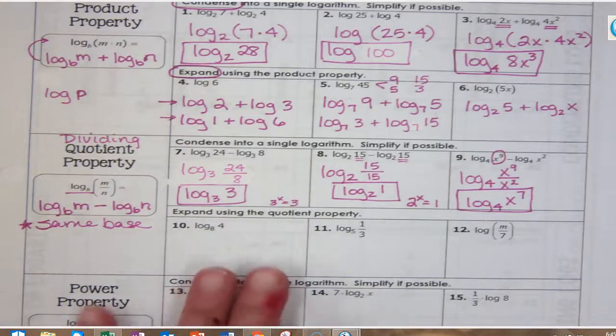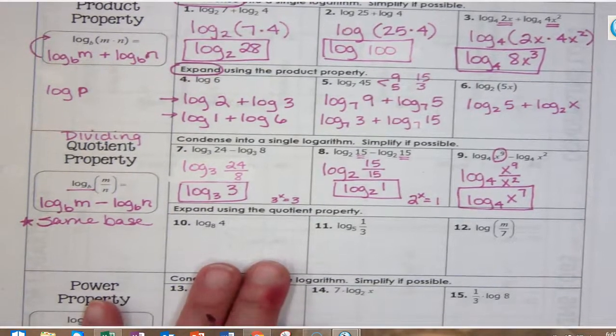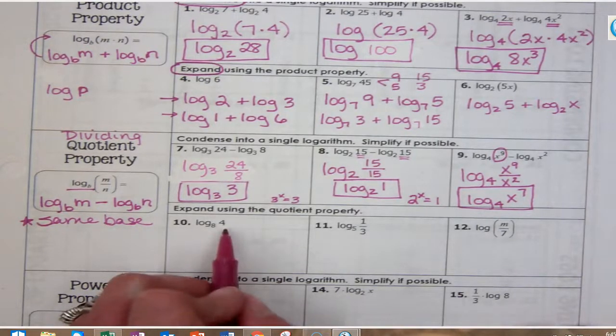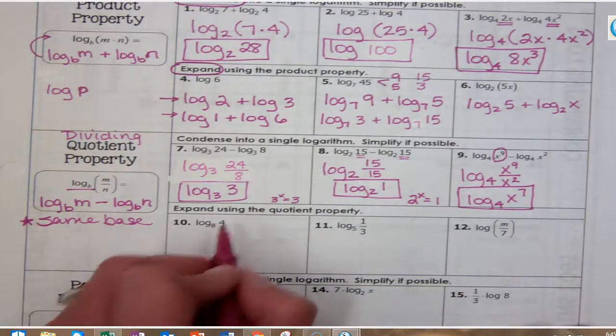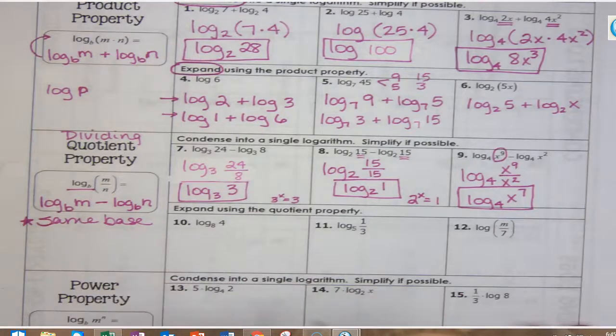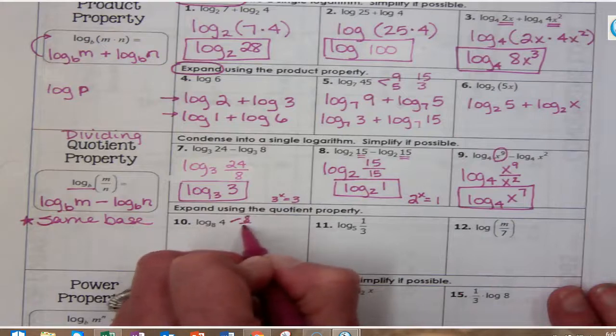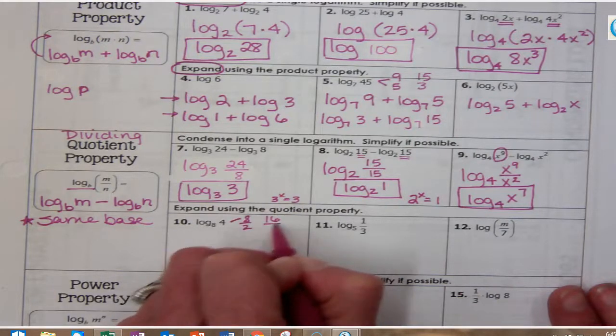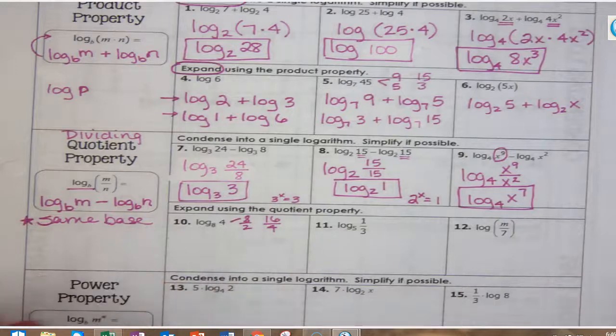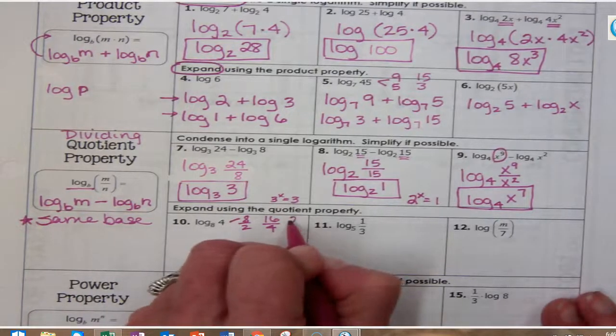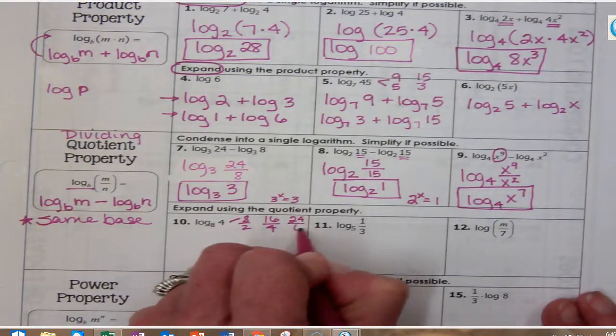All right, now let's expand this. So what I need to do is, since my answer is 4, I need to figure out what numbers can divide to give me 4. Well, there's infinite numbers that can divide to give me 4. Of course, I can do 8 divided by 2, 16 divided by 4, 24 divided by 6.